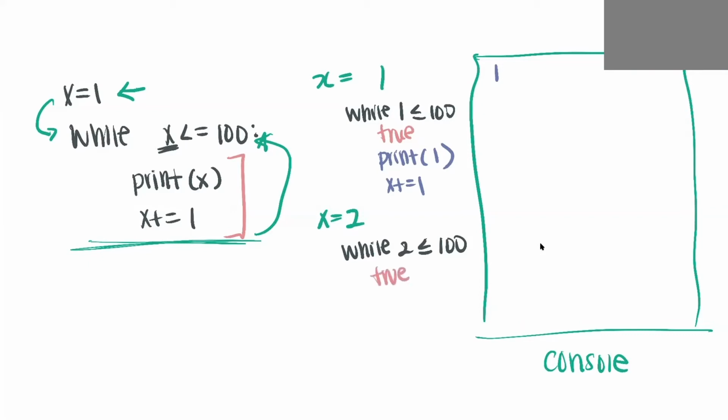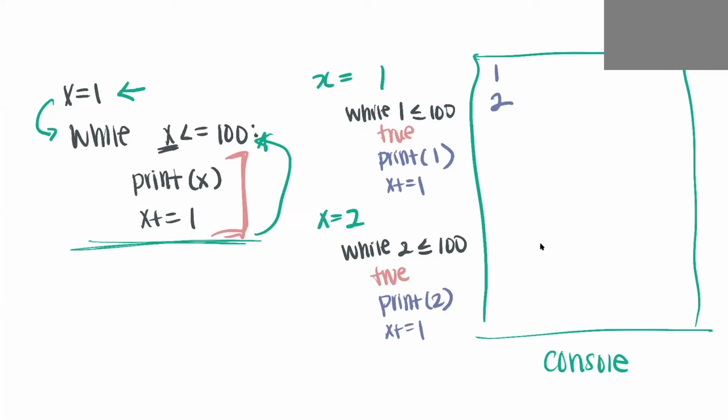So because it's a true statement, it will fall into the code block again, and it's going to print my current x value, which is 2, so 2 will print. Then it'll go to the next line, x plus equals 1, which means it is going to increment x by 1. So my new x value is 3.